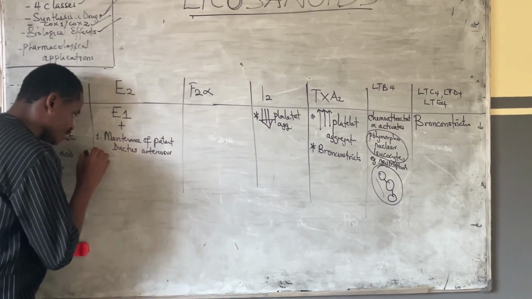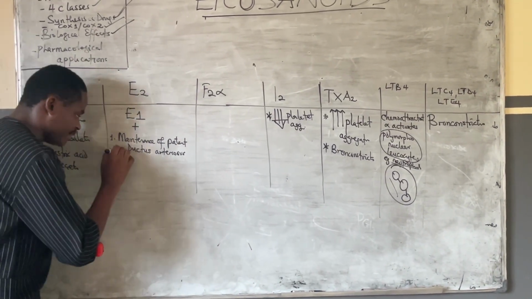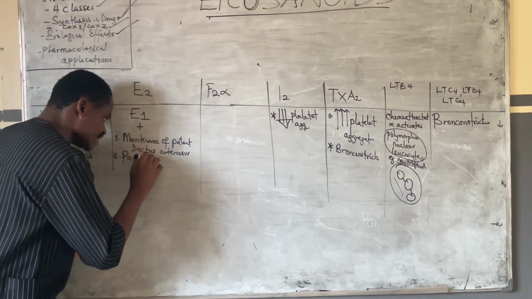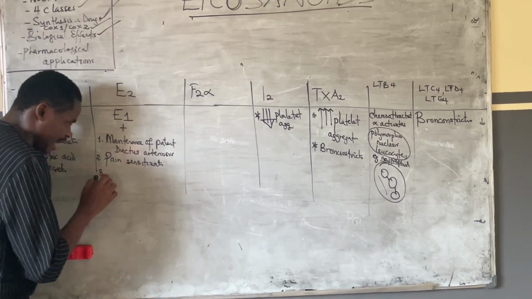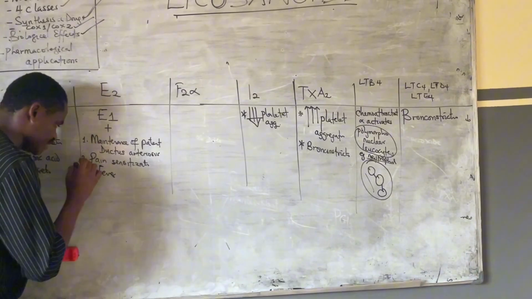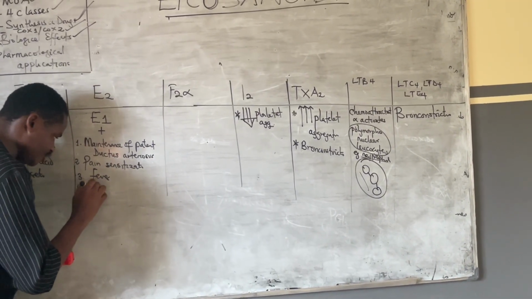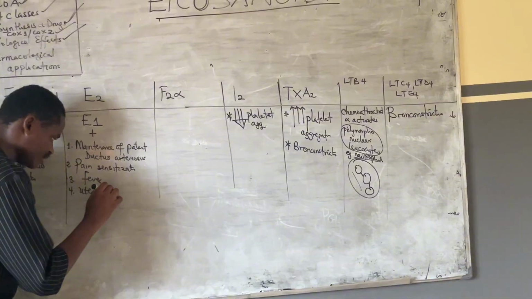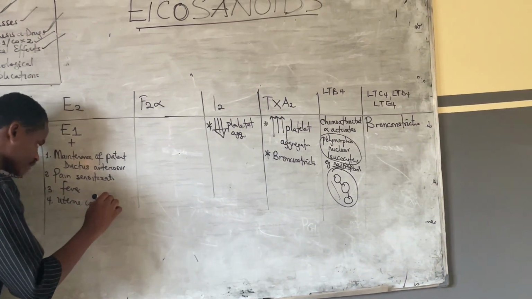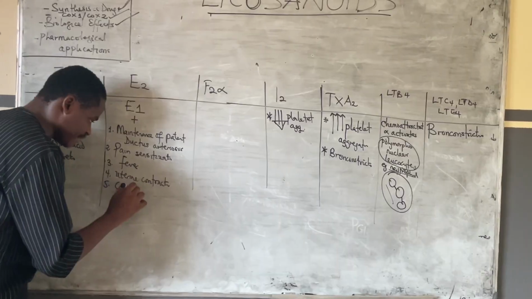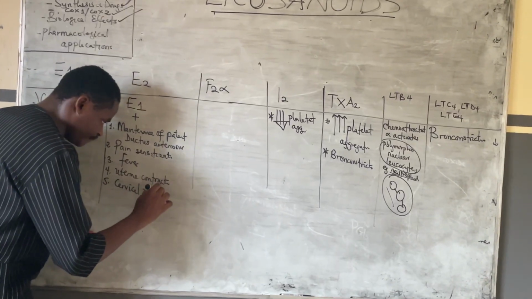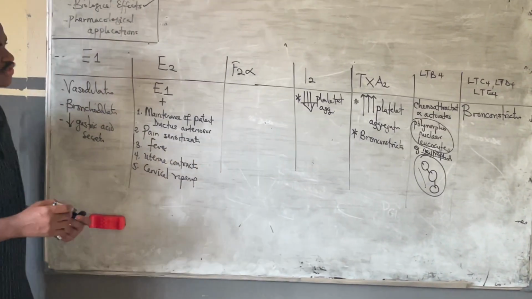Number two, pain sensitization. Number three, it causes fever, it stimulates fever. Number four, uterine contraction. And then number five, cervical ripening. All right, these are things you need to note.